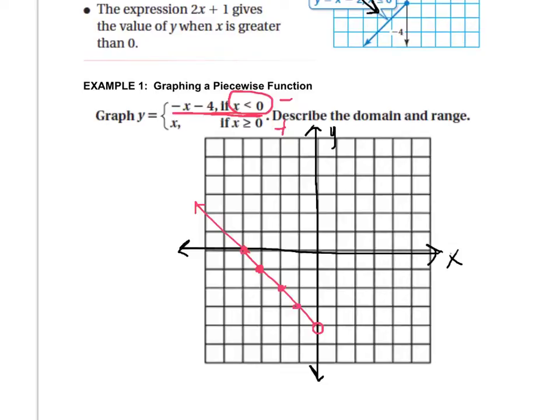All right, now let's go to the other one. I'm going to graph this simple line y equals x, just like I would normally. The intercept is at 0, put a bunch of dots, and graph it like you would before today.